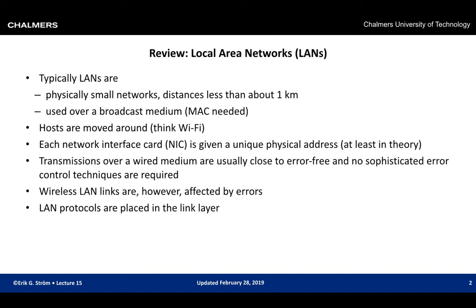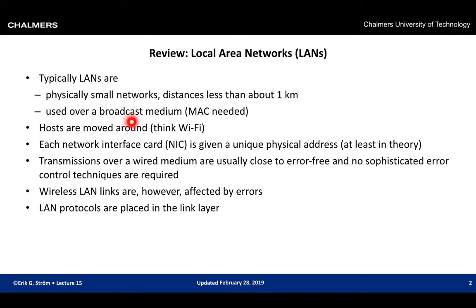If we look at LANs, local area networks, we talked about this earlier in the course, but let's refresh our minds. A local area network, what is it? Well, it's something that typically is physically rather small, so distances maybe less than a kilometer or so from end to end.